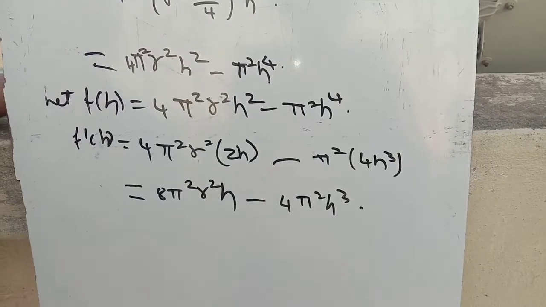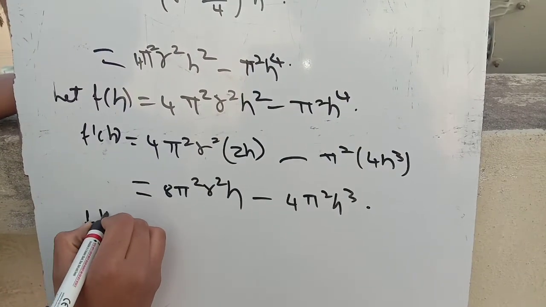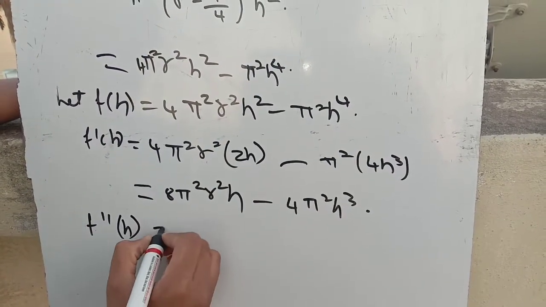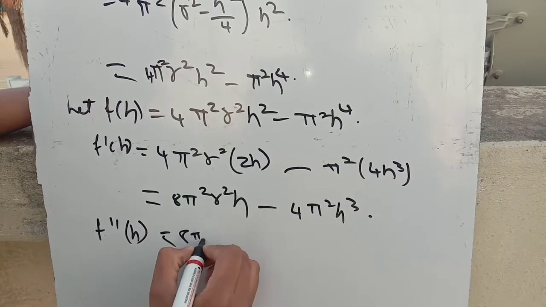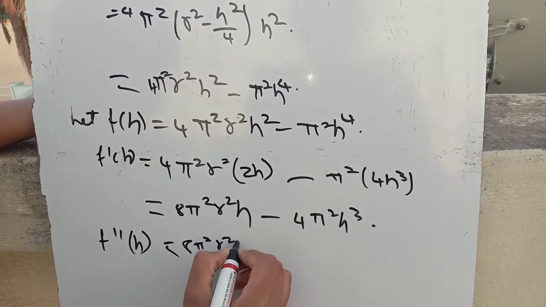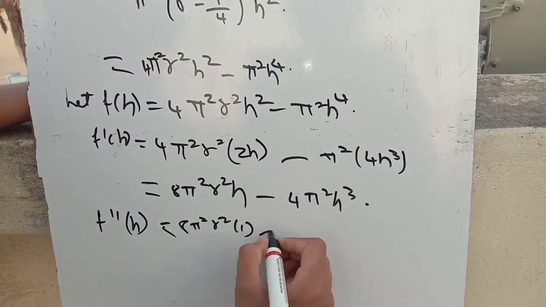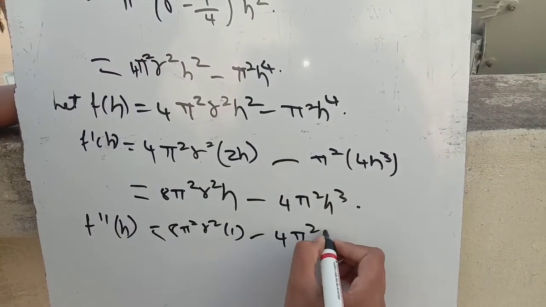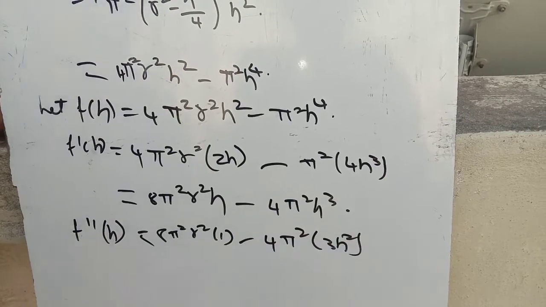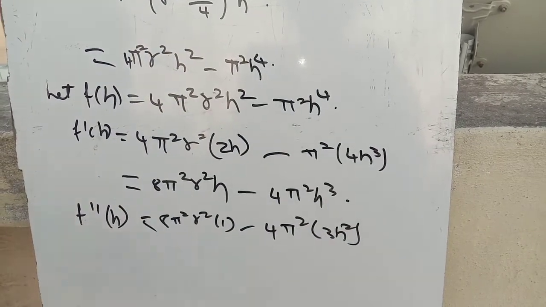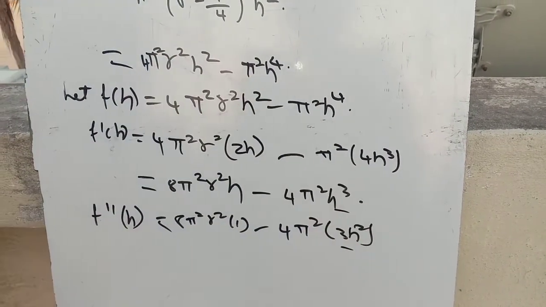This is the first derivative, and now we find the second derivative, f double dash of h. It will be 8 pi square r square into 1, because the derivative of h is 1, minus 4 pi square into 3h square, since the derivative of h cube is 3h square.